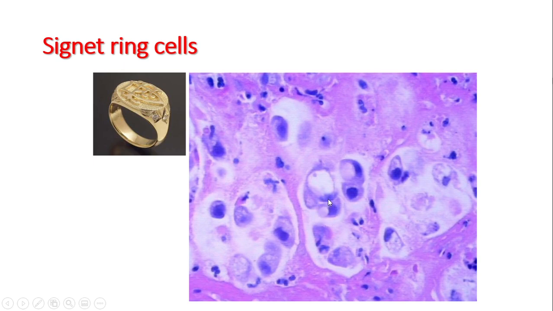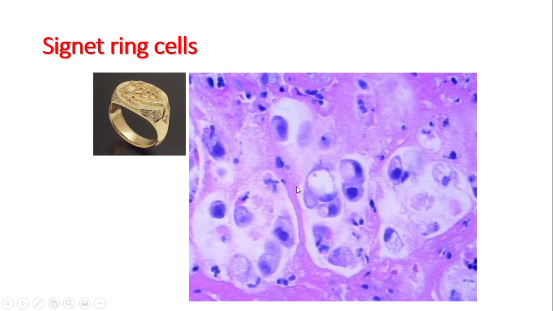There will be loss of glandular formation due to mutation of these E-cadherin adhesive molecules. The cells have an increased ability to spread and invade adjacent structures, and to form peritoneal implants, to be seen in ascitic fluid, metastasis to the ovaries called Krukenberg tumor, and lymphatic metastasis to be seen as a supraclavicular lymph node.